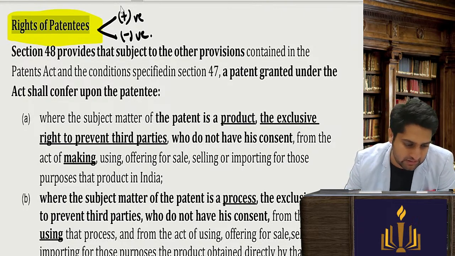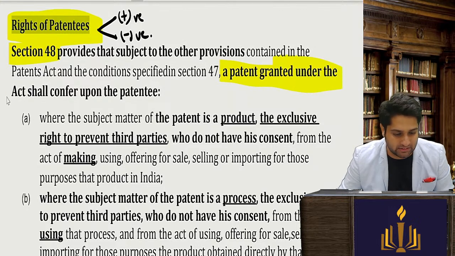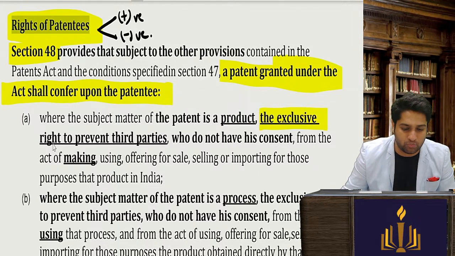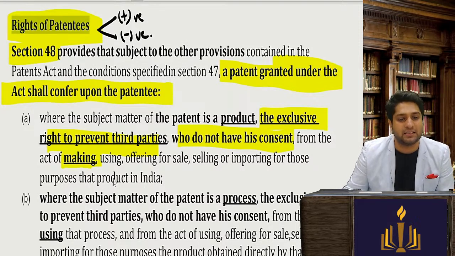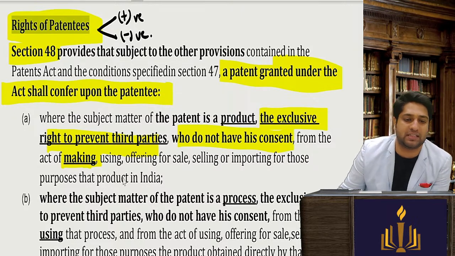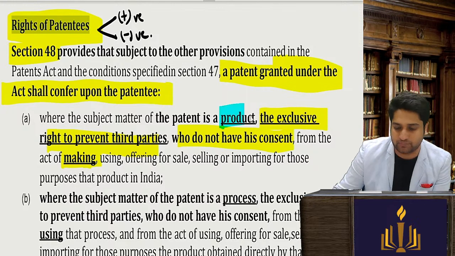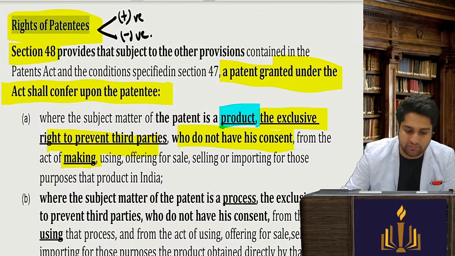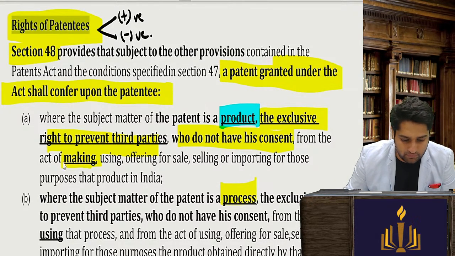Let's read very simple points. Section 48 provides that a patent granted under the Act shall confer upon the patentee the exclusive right to prevent third parties from using the product without his consent, to make, sell, distribute, import, etc. Now this is with respect to when the patent is for a product. I told you there can be two kinds of patents: product patents or process patents. If it is with respect to a process, then obviously you can't make a process.